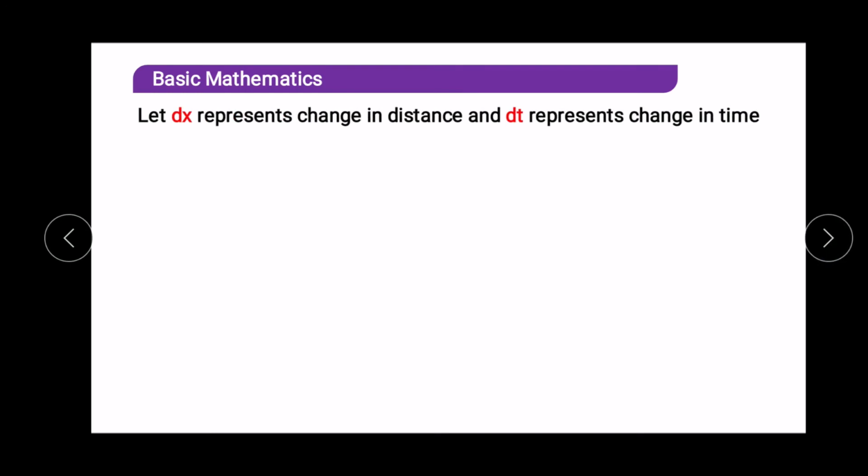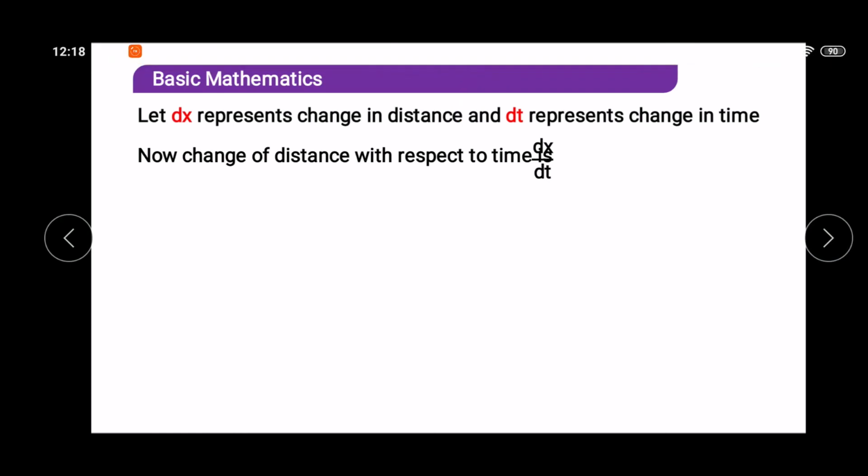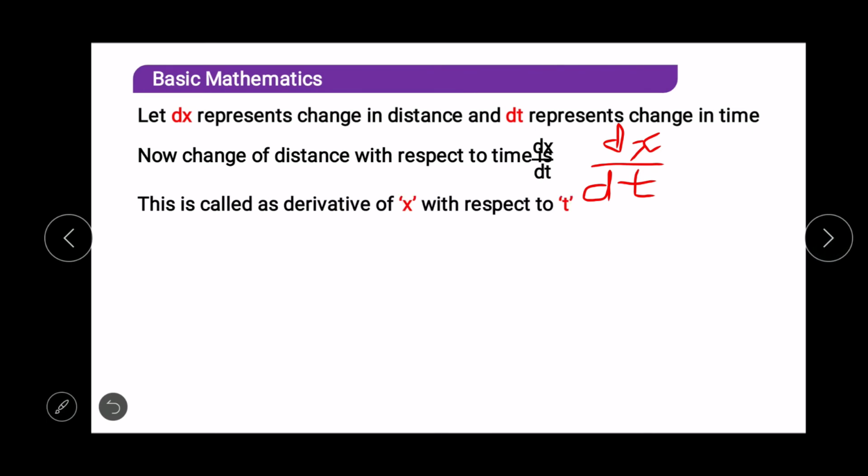Consider further. Let dx be the small distance along the x-axis, and dt be a small period of time, a small change in time. So the change of distance with respect to time is dx upon dt, which is called the derivative of x with respect to t.